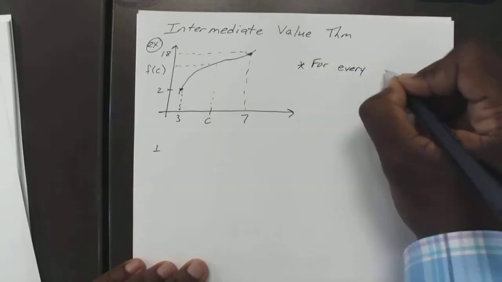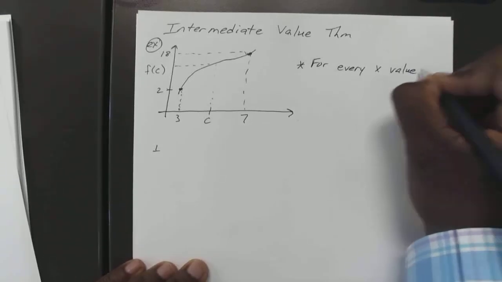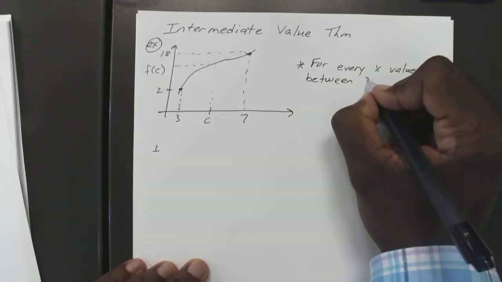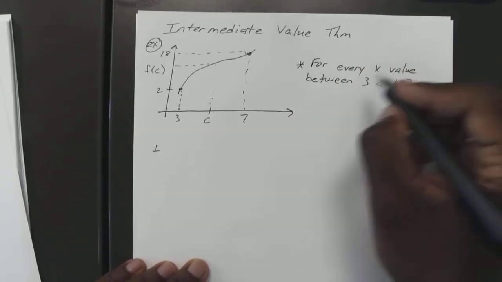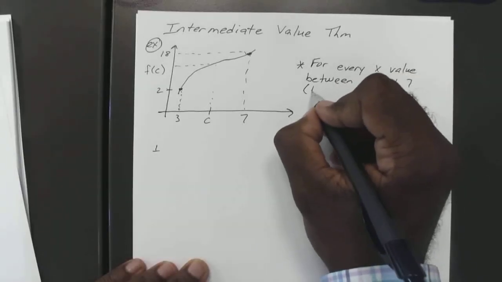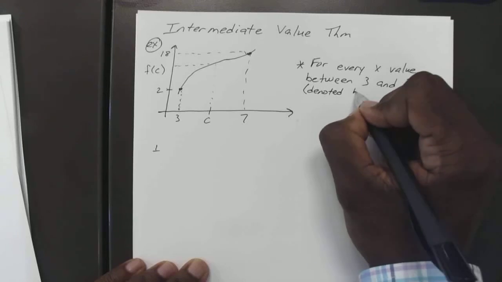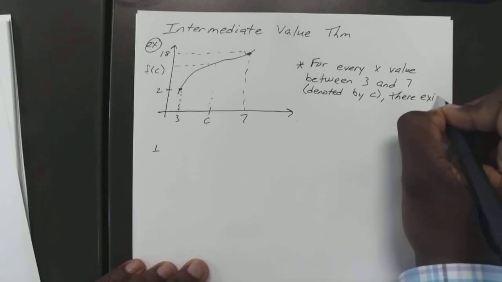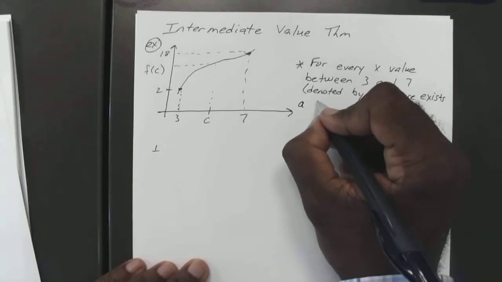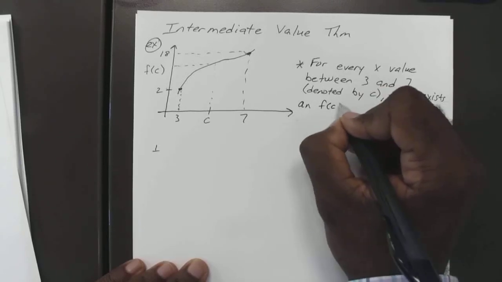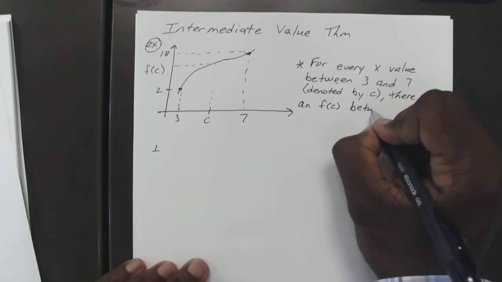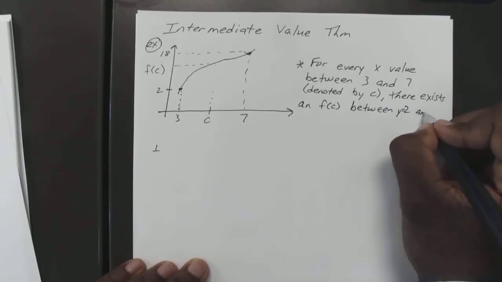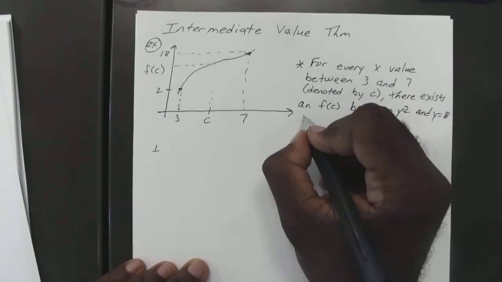So for every x value between 3 and 7, we'll call it C, there exists an f of C between, let's say, y equals 2 and y equals 18.